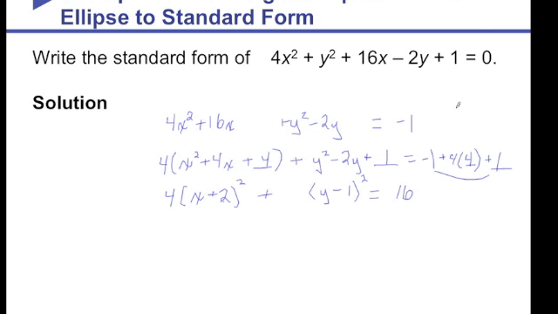Remember for the ellipse, we really want it equal 1. So we're going to have to divide by 16 to get it equal to 1.